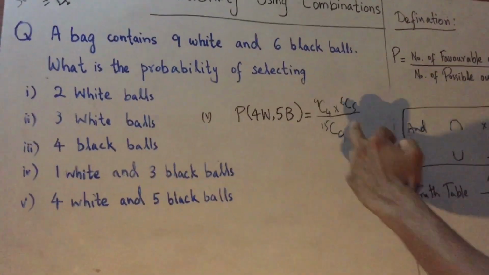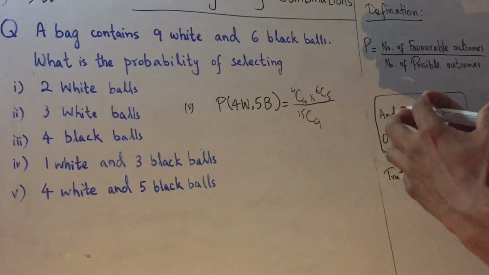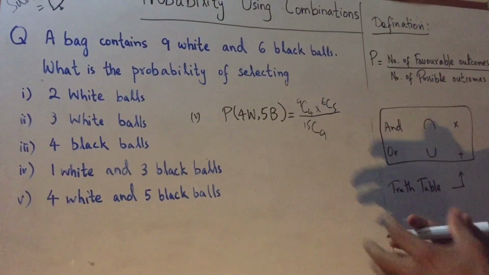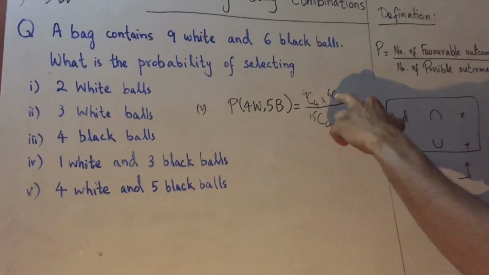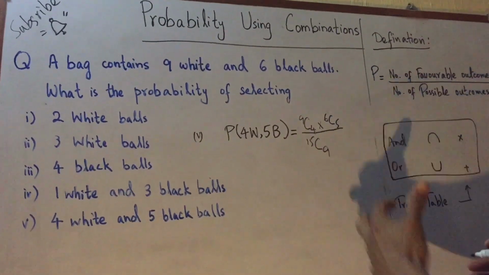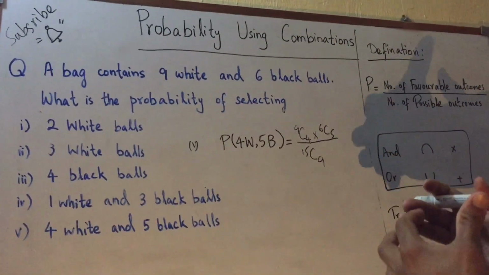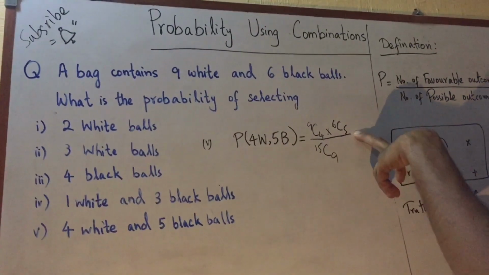What does it mean? 9C4 means the number of possible ways of getting 4 white balls, and 6C5 means the number of possible ways of getting 5 black balls.